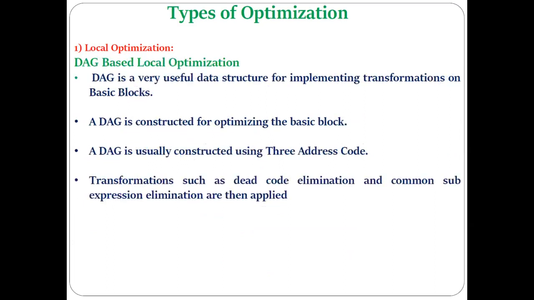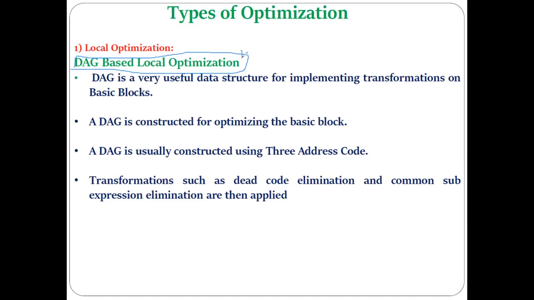Okay. Now, the next point that we have to study is DAG based local optimization. Already before this we have studied the concept of DAG. As you know, DAG stands for directed acyclic graph. We have discussed it in the different types of intermediate code.